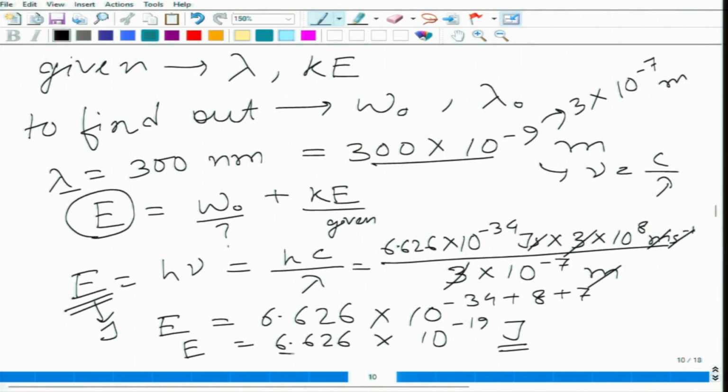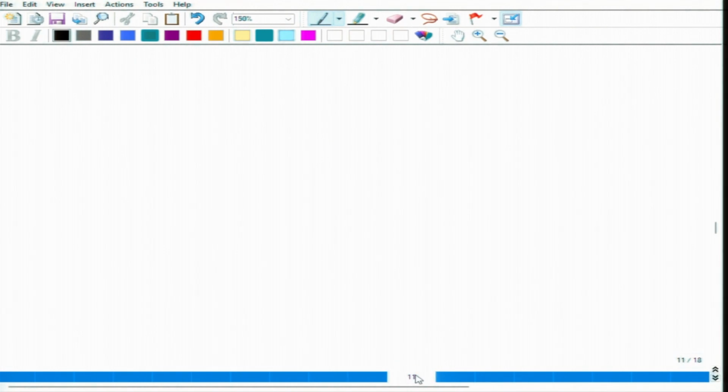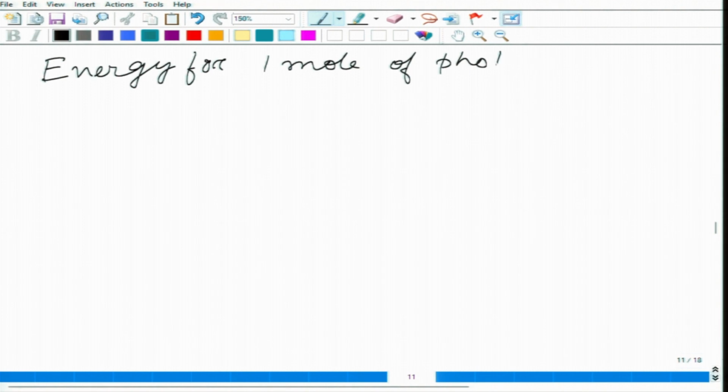So, if this is the energy for a single photon, then what will be the energy for 1 mole of photons? Let's consider this as EM.